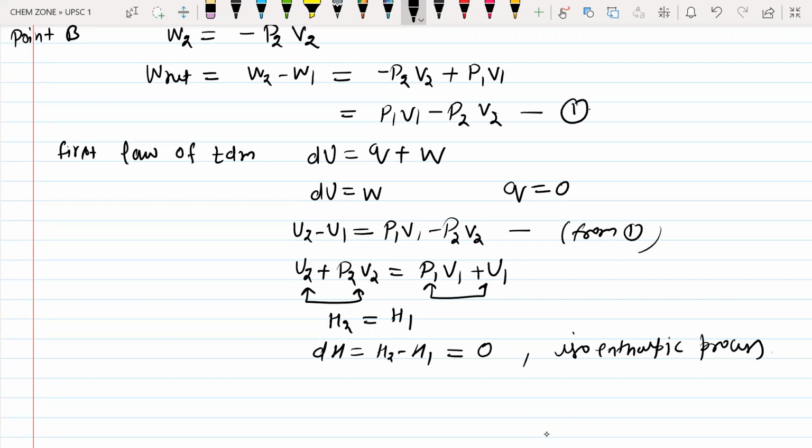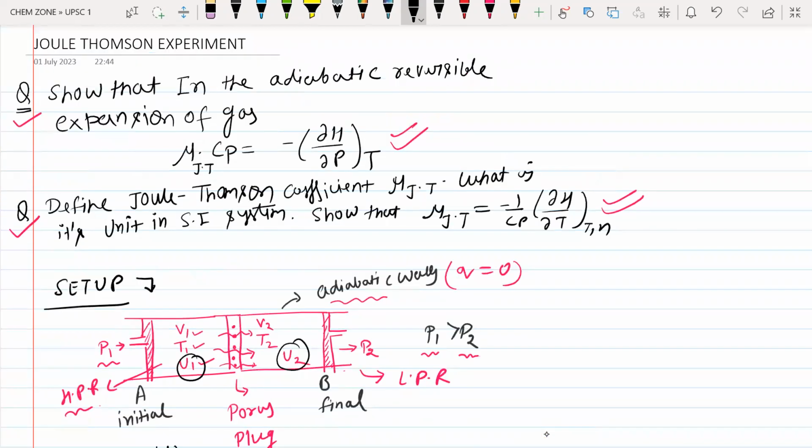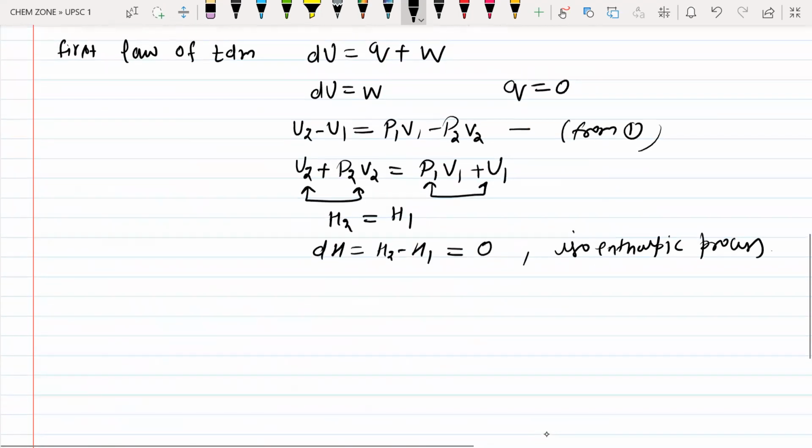So this is the first important outcome which can be asked in the exam. Prove that adiabatic expansion, or you can say adiabatic irreversible expansion of a gas through a porous plug, is an isoenthalpic process. See, keep in mind that we cannot say enthalpy is constant throughout the process, because the process is not completely in equilibrium.